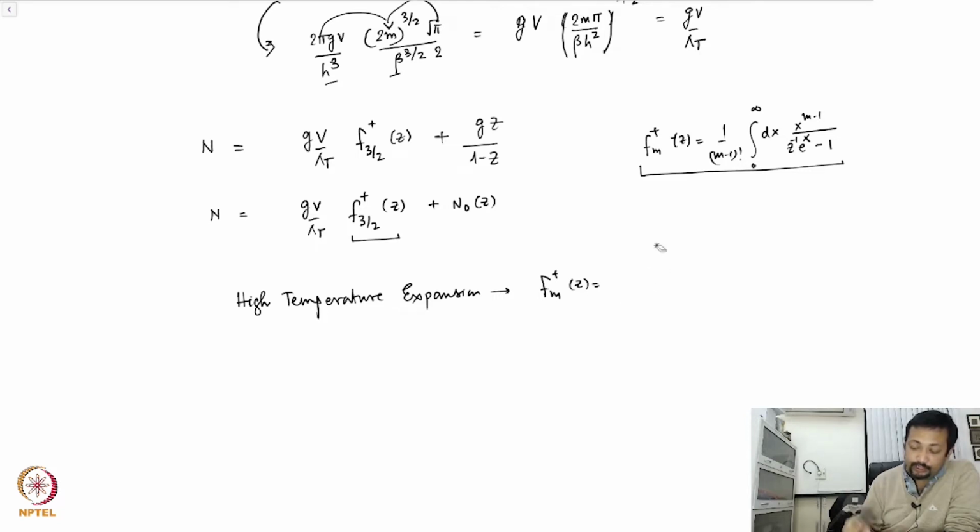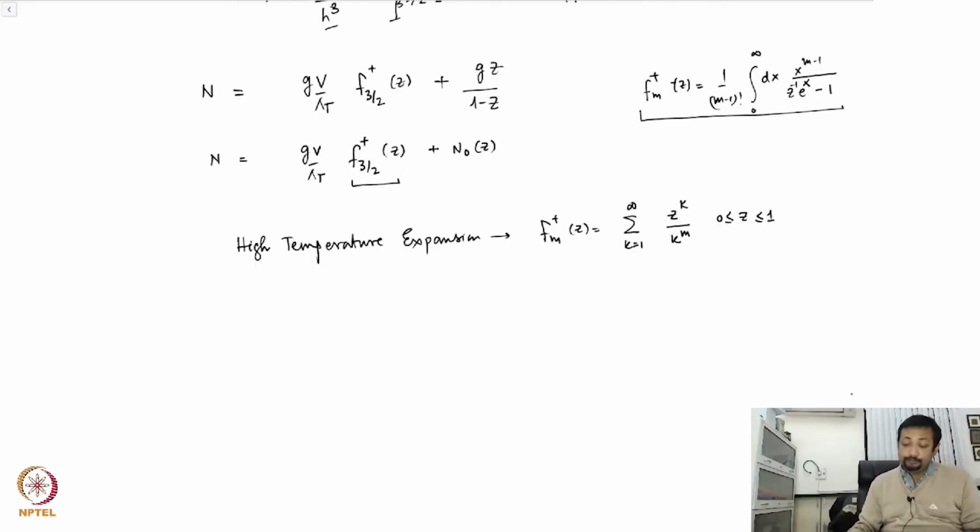This was already taken care of. It was simply the sum over k equal to 1 to infinity z to the power k over k to the power m, for z greater than or equal to 0 and less than or equal to 1.